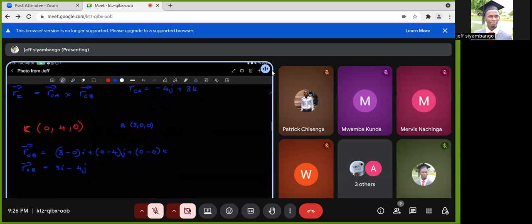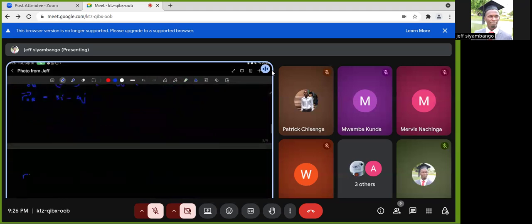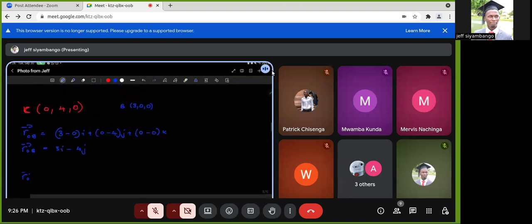After obtaining this, we can now cross them. To cross them, we can use the cross product or the determinant method. We have i, j, and k. Which one am I starting with?